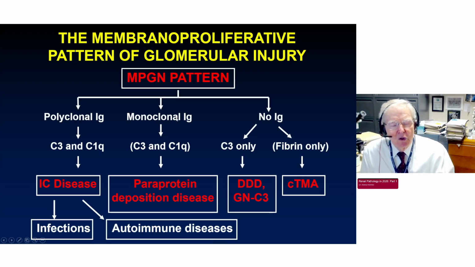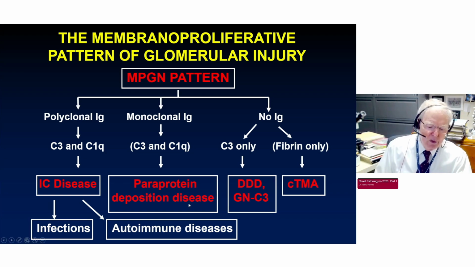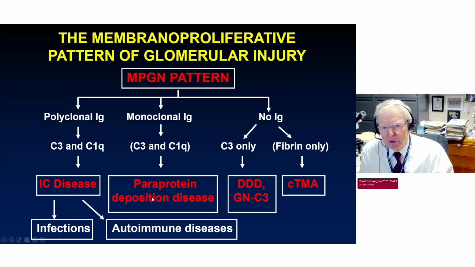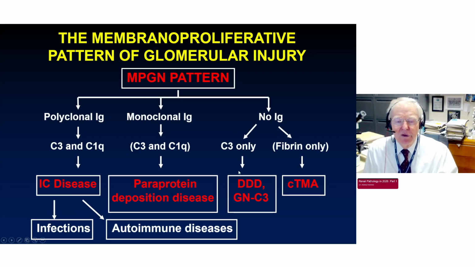When the immunoglobulin is monoclonal, either by light chain or by heavy chain, there could be also C3 and C1q activation. And then we think of a paraprotein deposition disease, and obviously the workup will include a search for lymphoproliferative disorder and plasma cell neoplasm. When there are no immunoglobulins, only C3, we think of glomerulonephritis C3 or C3GN and dense deposit disease.